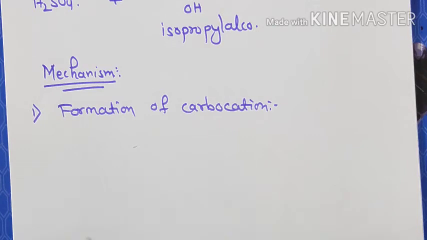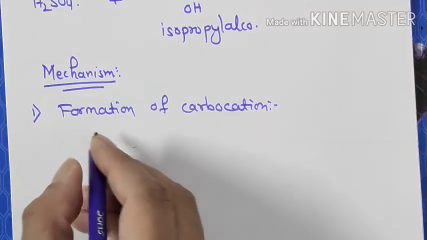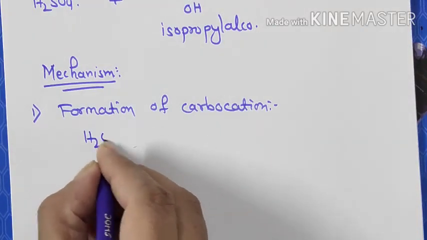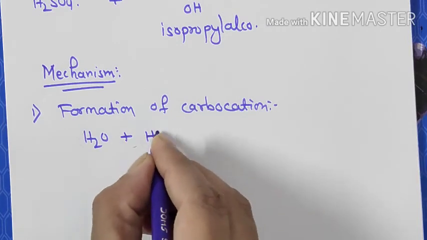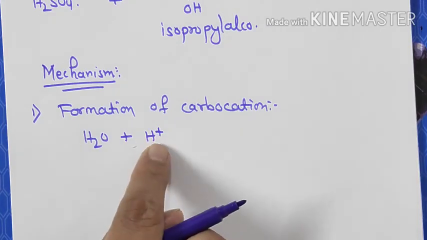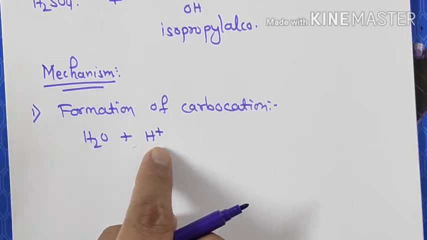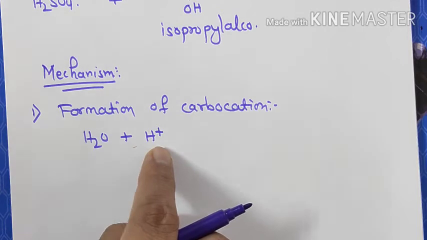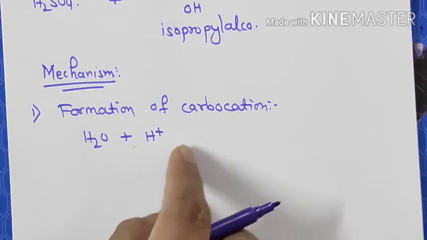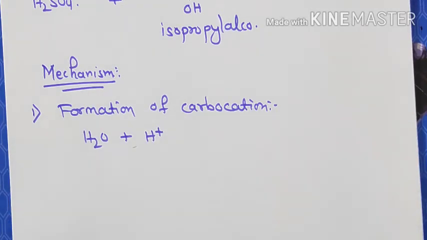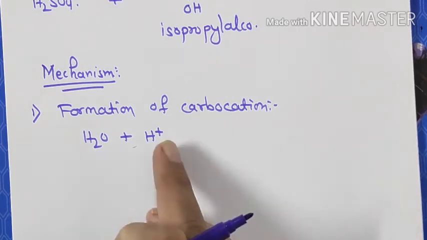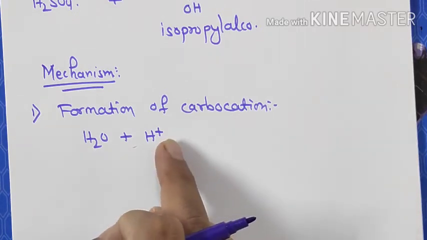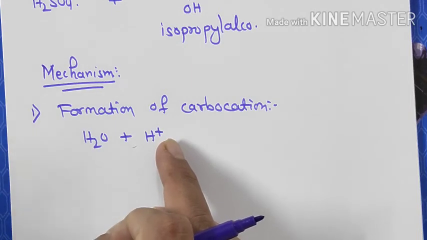In the first step, water combines with H plus. What is this H plus and where is it obtained from? Understand, student, sulfuric acid or any acid for that matter has the tendency to give H plus. HCl will liberate H plus, sulfuric acid will liberate H plus, any acid during the reaction gives H plus.